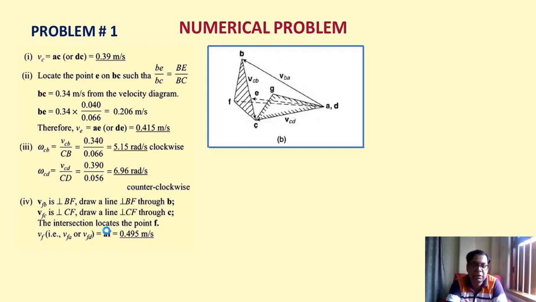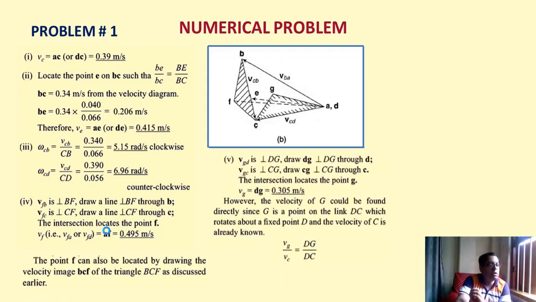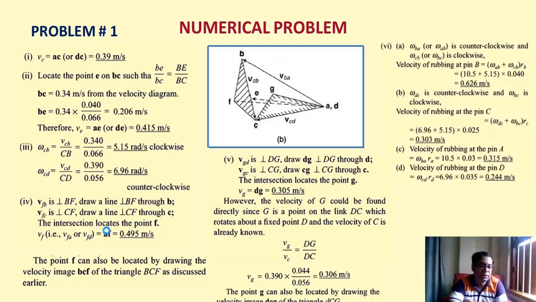If you go through this, you will understand. But do remember that whenever you are finding the component value and omega value, please remember to write down whether it has a tendency of rotation in clockwise or anti-clockwise direction.